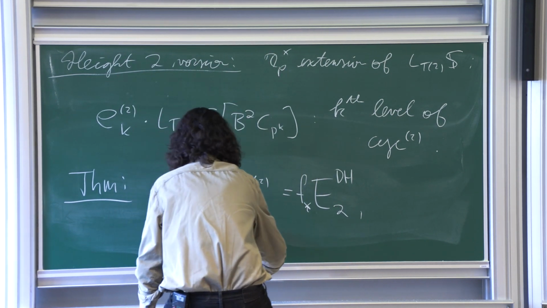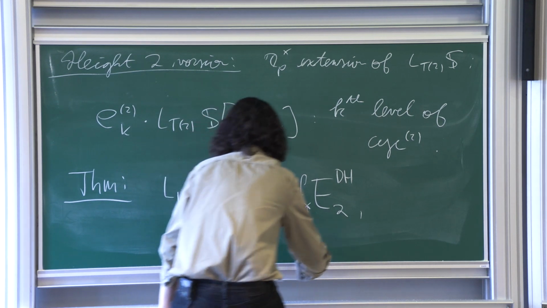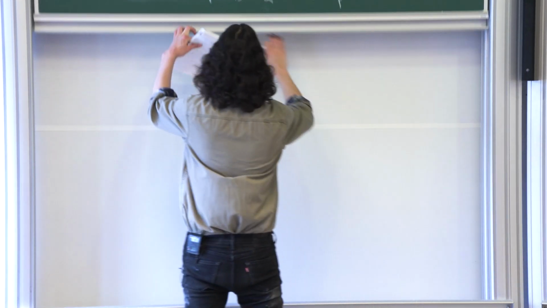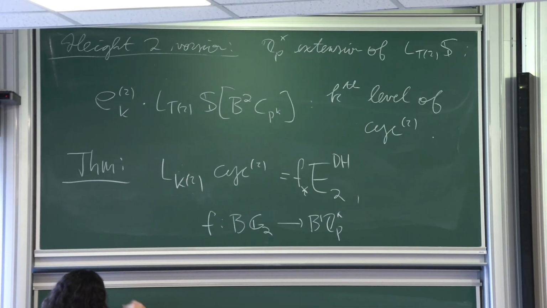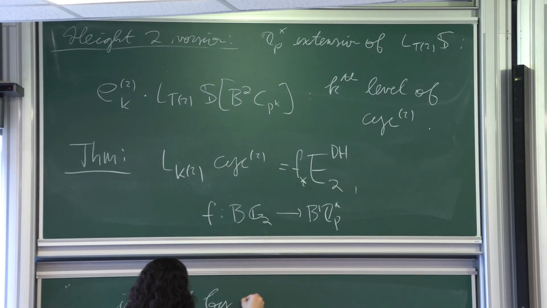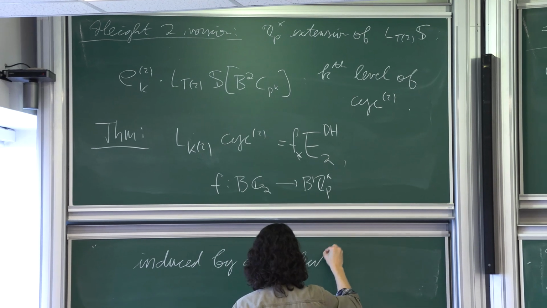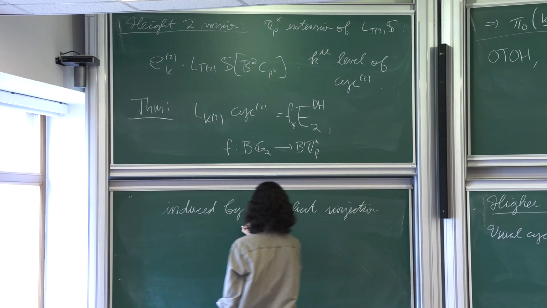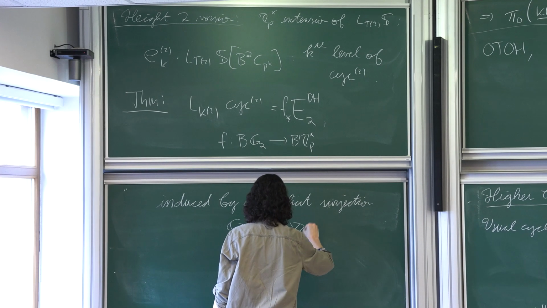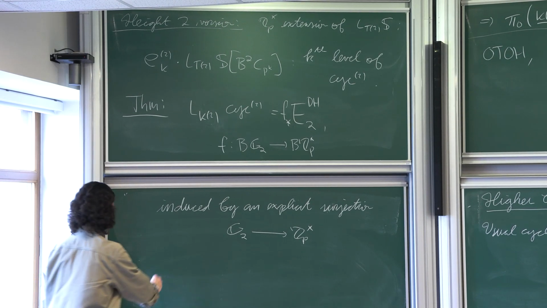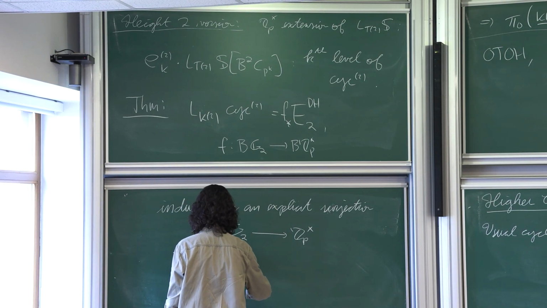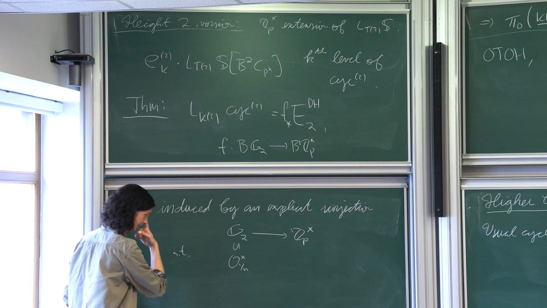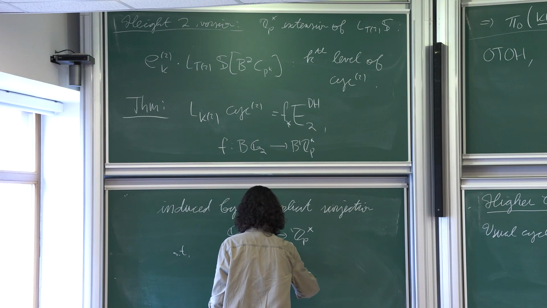This Morava stabilizer group G2 is induced by an explicit surjection from G2 to Z_p cross, such that if you look at the units in the division algebra, which is the subgroup here, a semi-direct product of a group of order 2 acting on this, then this is the reduced norm on the division algebra.